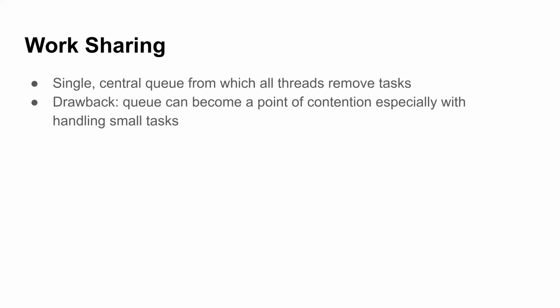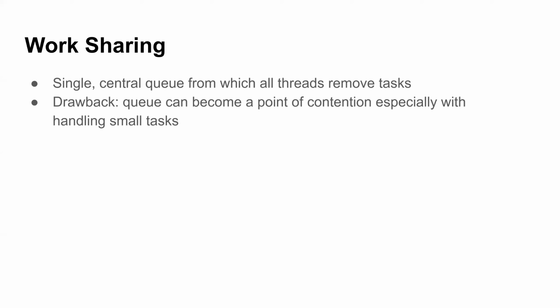So for the work sharing approach, we have a single central queue, the global submission queue, which all threads remove tasks from. If we just have one queue, the drawback is that the queue can become a point of contention, especially when handling small tasks. So work sharing is not the approach you all should use here.